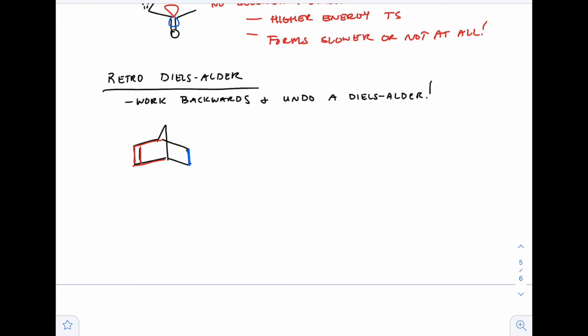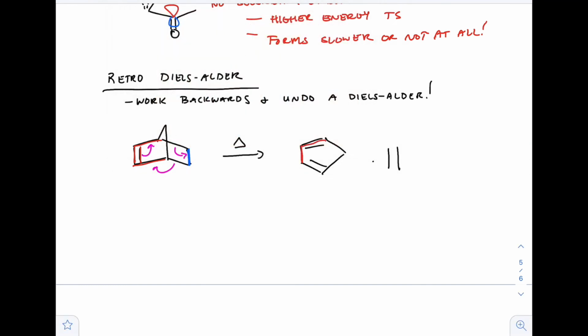Okay. So let's say we have this particular bicyclic compound, and we draw our arrows just as we would before, but maybe the opposite way. Okay, we add some heat for sure. And what do we get? We get our diene and our dienophile, and that's exactly what would happen in the lab.